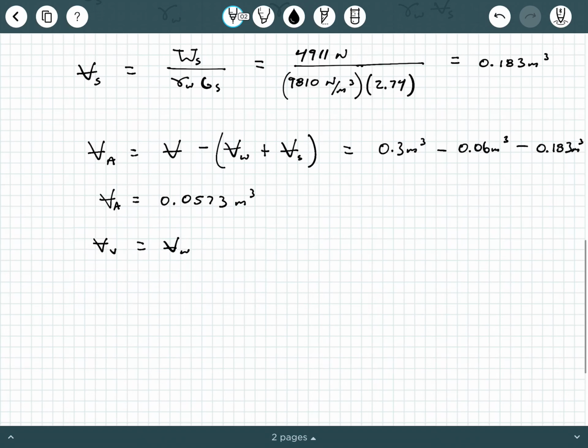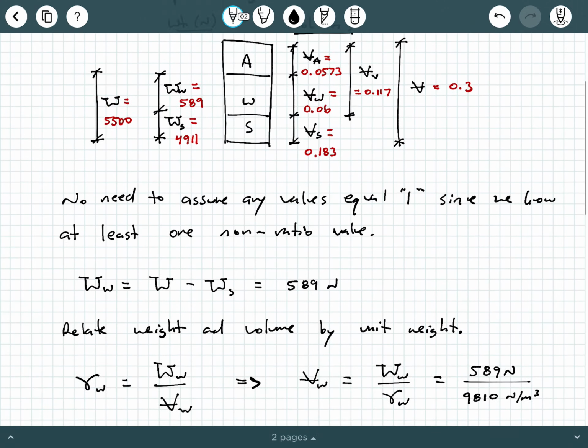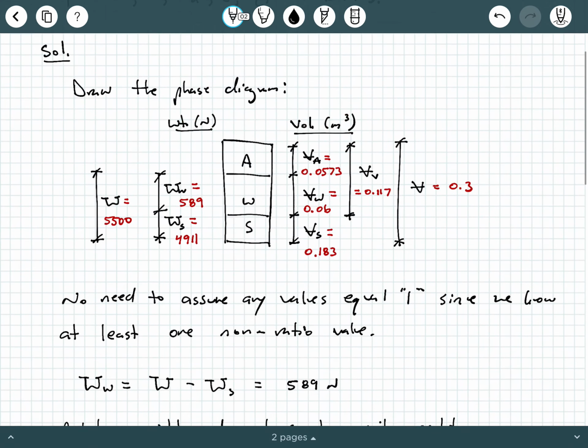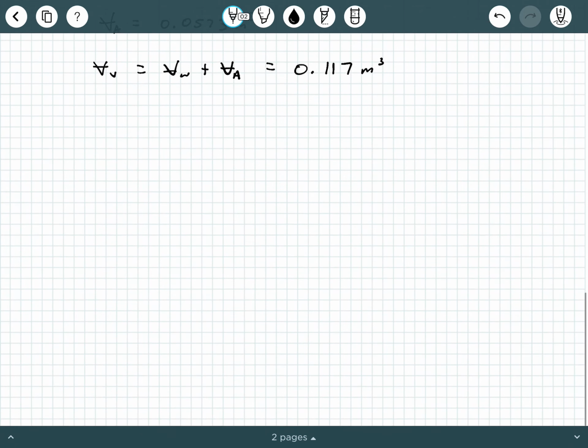Volume of voids equals volume of water plus volume of air, just to make it known that I know where that came from and I'm showing my work. Okay. So now our phase diagram is fully populated. We know all of the individual values we need. So now we're ready to calculate all of the ratios, okay?